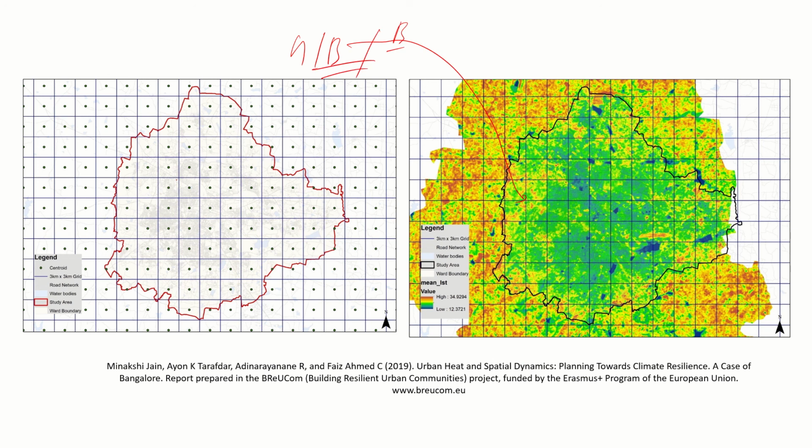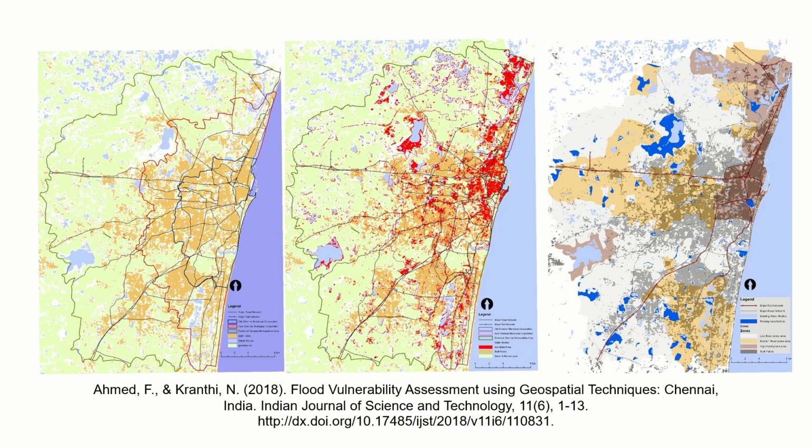What is the relationship, how does it interact, and what can we do for Bangalore city as well? And this is another study we did based on the 2015 Chennai flood.